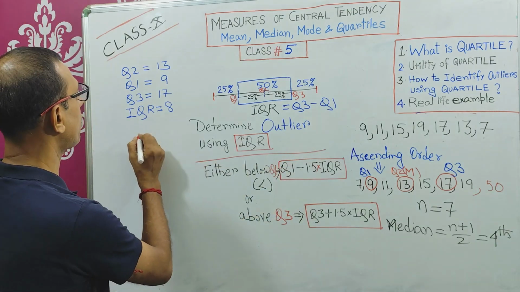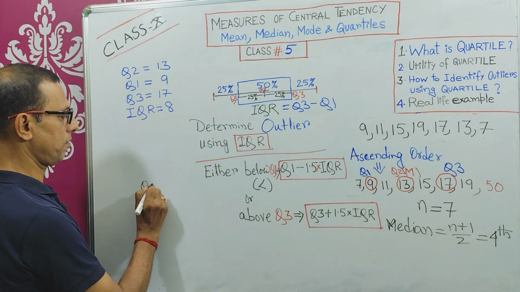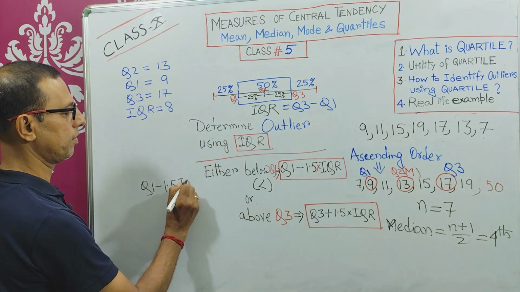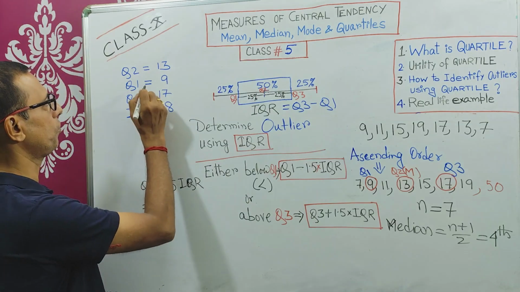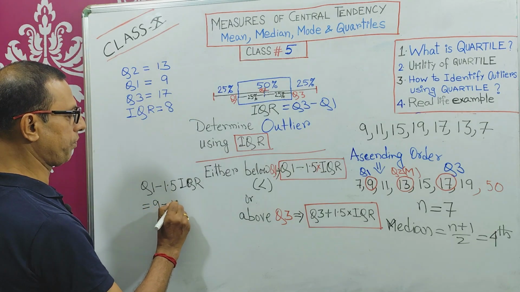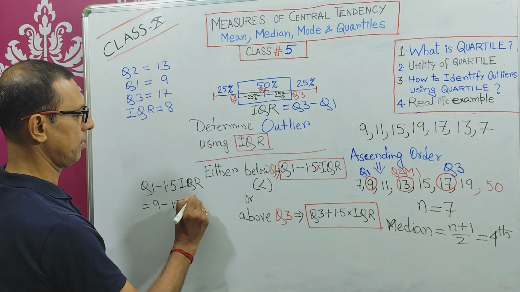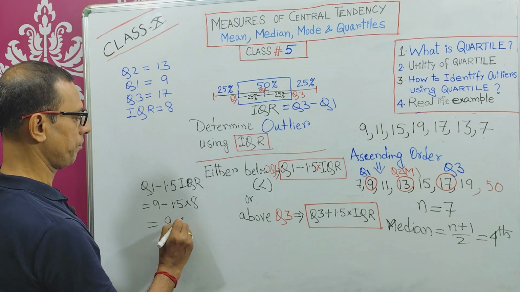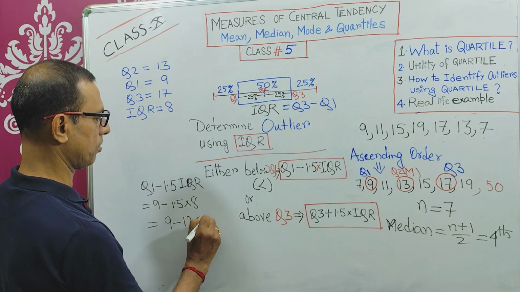For the lower outlier, the lower side, Q1 minus 1.5 IQR equals Q1 is 9 minus 1.5 into IQR, which is 8. So 9 minus 12 equals minus 3.